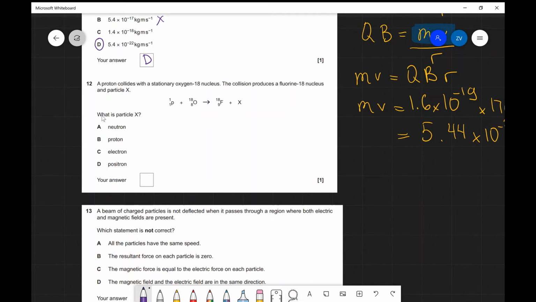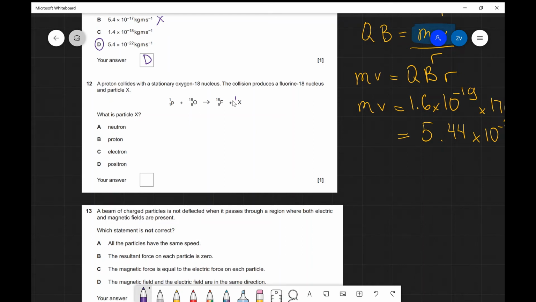So over here on the left, we can see that in total we have 19 nucleons. So particle X is going to have 1 nucleon, because the top numbers have got to add up. We've got 19 on the left and we've only got 18 on the right, so we're going to need one more.